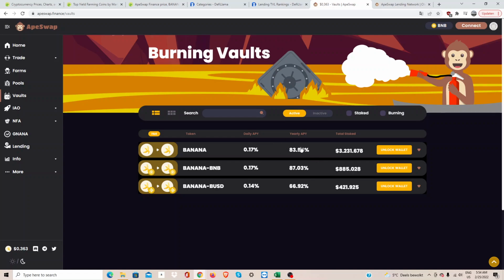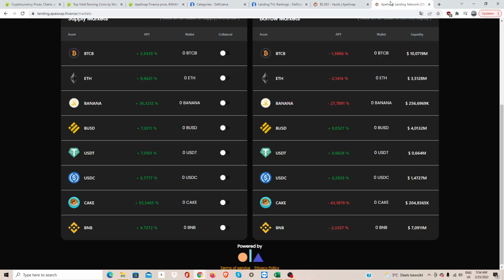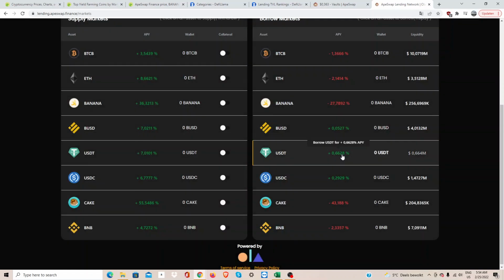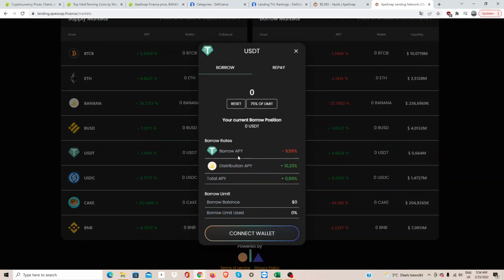And this is another reason why I'm very bearish with the banana coin, because the APYs are pretty high. And not only that, they're also paying out people here like 35% just for supplying it, and all the other things. Like here, if you would borrow USDT, you would need to pay 9.56% for USDT, while the distribution APY is 10%.